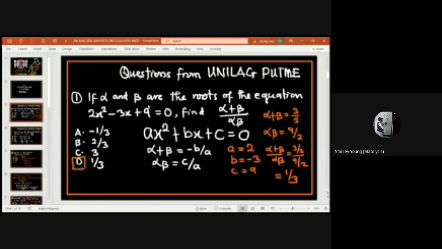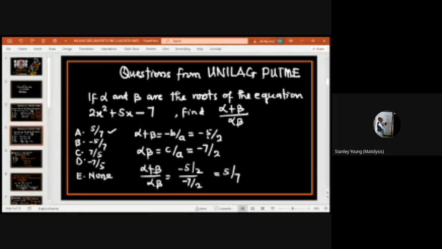Alpha and beta are called the roots of a quadratic equation, and all quadratic equations are generally represented by ax squared plus bx plus c. Alpha plus beta is minus b over a, while alpha beta is c over a. Having this information, let us solve this question, and we're able to get 1 over 3. If you were not in that class, you can check the previous video.